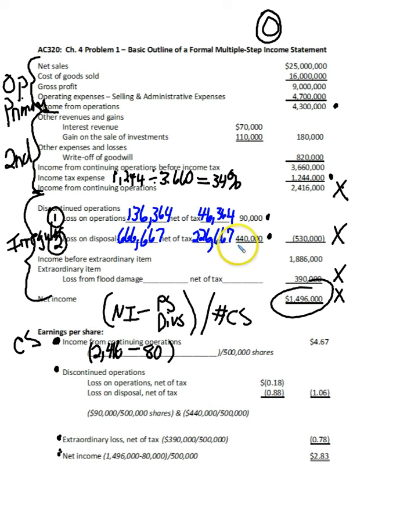And net those together and you'll get 440. And then the last one, if you did the math, you should get 590,909. Take that times 34%, and you'll get 200,909. And then net those together, and you'll get the 390.